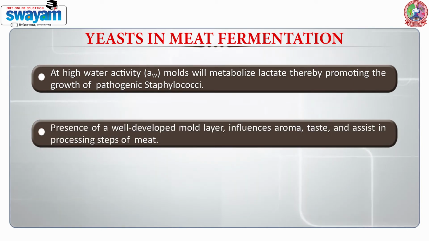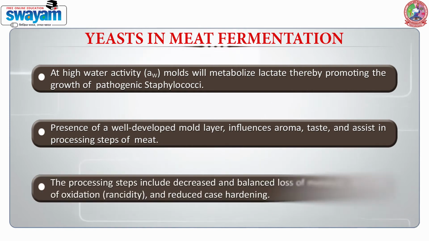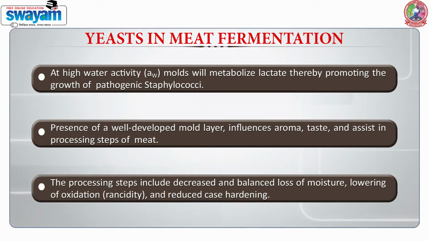Presence of a well-developed mold layer influences the aroma and taste, and assists in the processing steps of meat. The processing steps include decreased and balanced loss of moisture, lowering of oxidation, and therefore affecting the rate of rancidity produced, and it also reduces the case hardening of the final product.